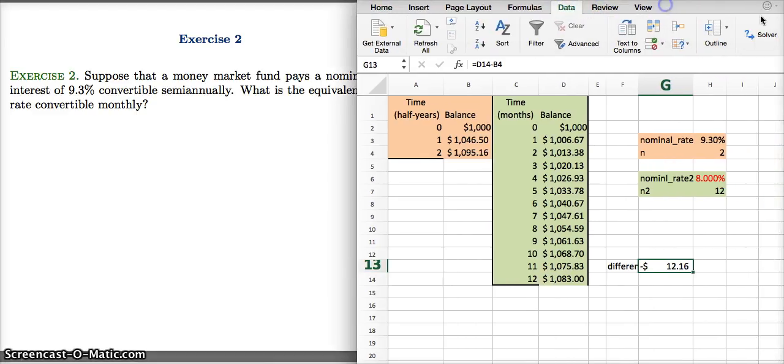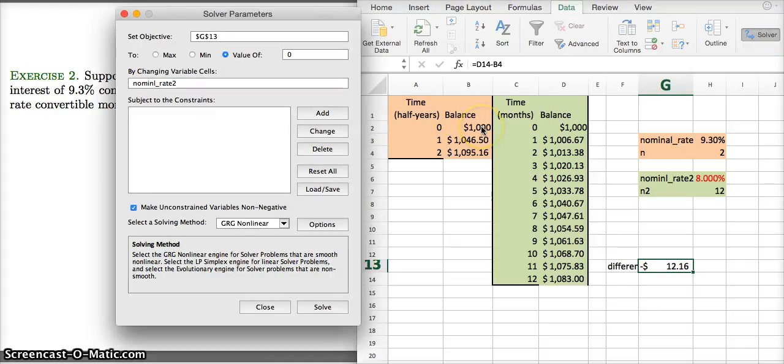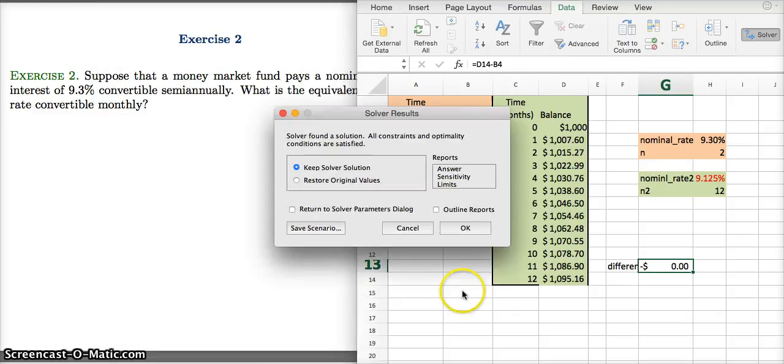So I'll do a solver, and I want the difference, which is this cell, G13, to be equal to 0, by changing the nominal rate. I do solve, and it finds a solution.